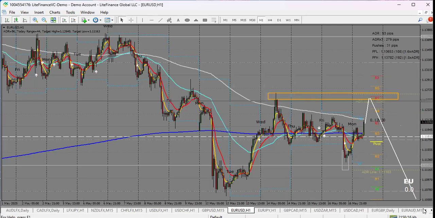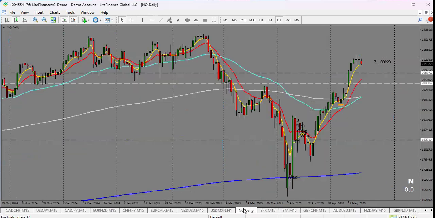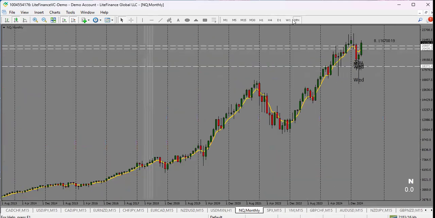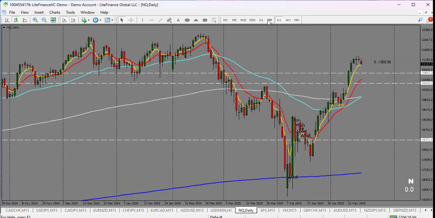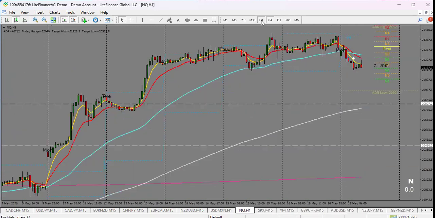Okay, so let us now observe the indices. So I've also been following these indices, and the indices have now returned back to bullish market structure, because we had these bearish moves here since Trump's inauguration. So right now the market has regained, and we are on a bullish market structure.